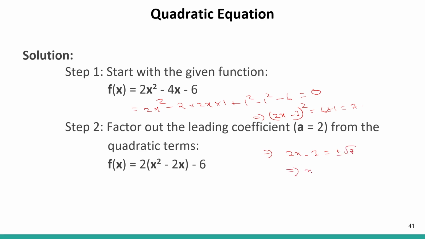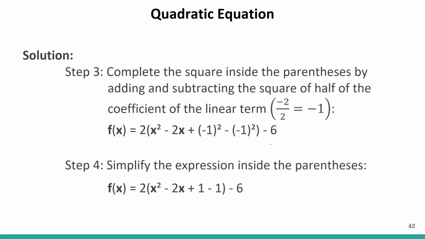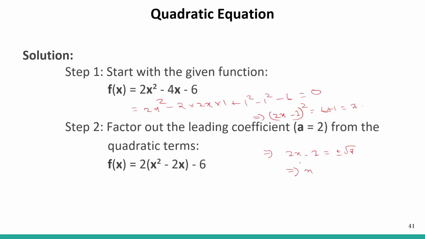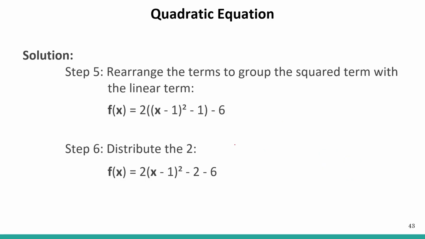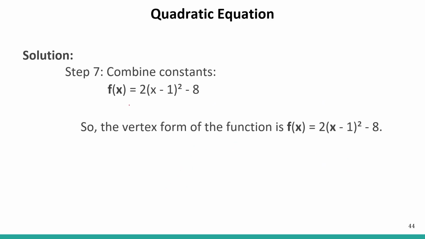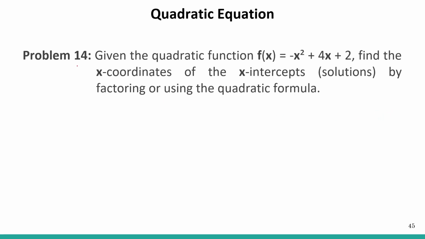So x is equal to 1 plus or minus root over 7. So f(x) will be 2 into (x - 1) whole squared minus 8. So the vertex form of the function will be f(x) = 2(x - 1)² - 8.